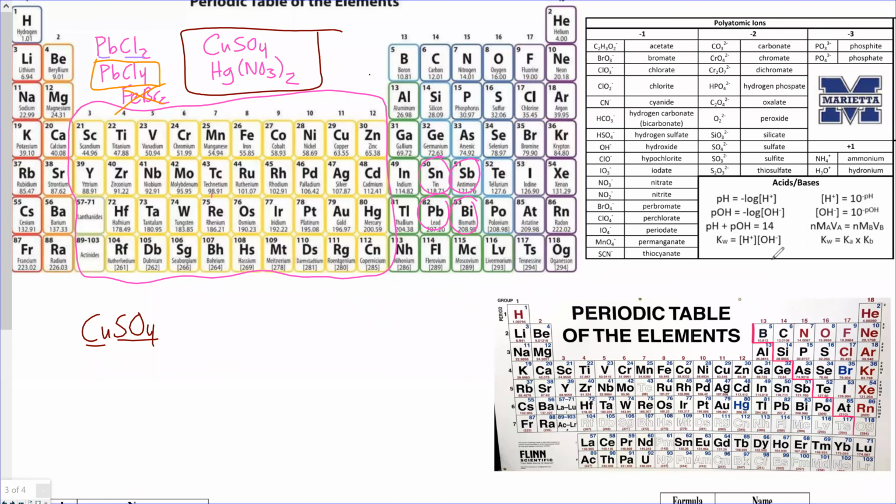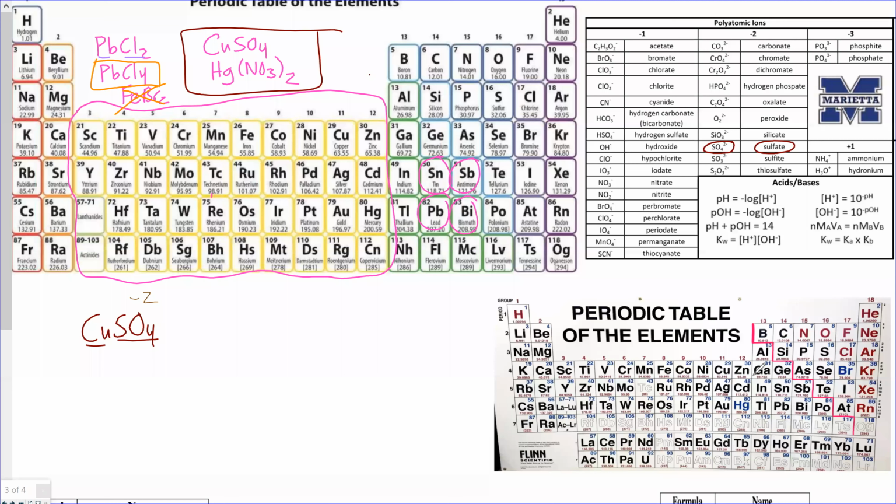SO4 is over here, it's sulfate. Be careful, not sulfite, which is right below it. That SO4 has a -2 charge. The biggest thing I saw today is people wanted to take that -2 and multiply it by 4. You do not need to do that, because sulfate, SO4, has a -2 charge.